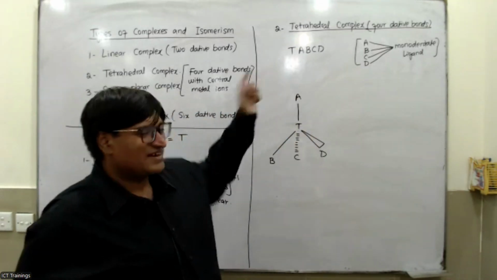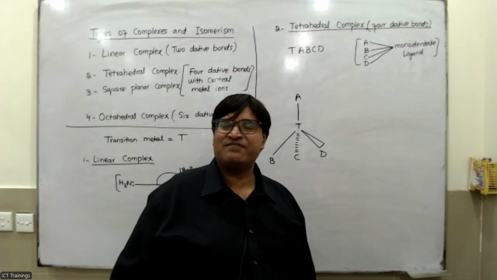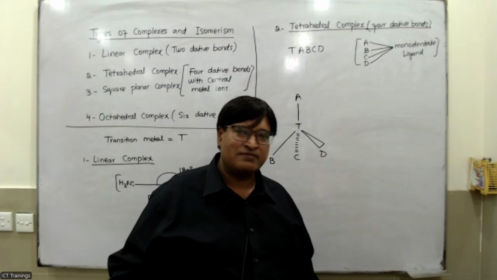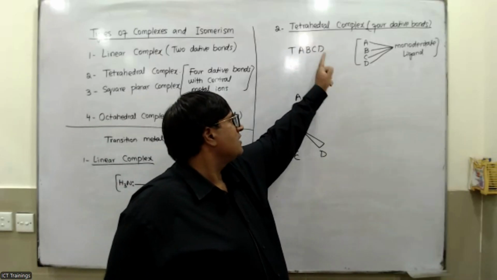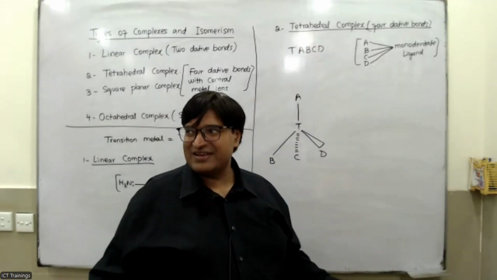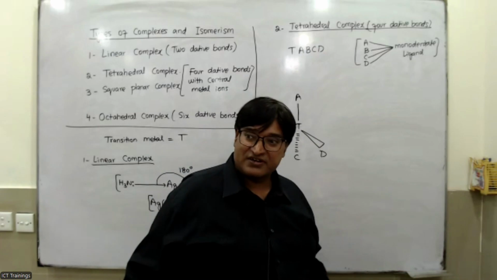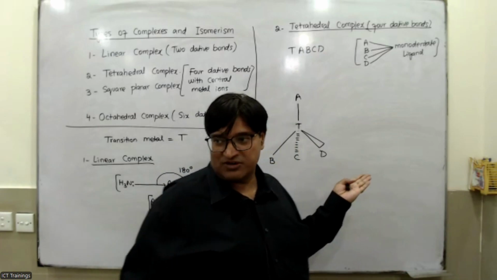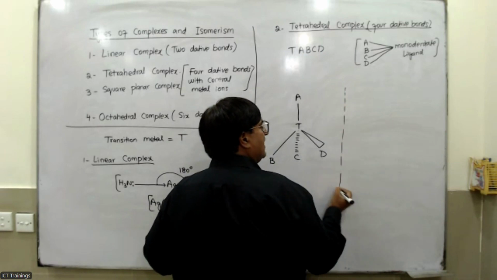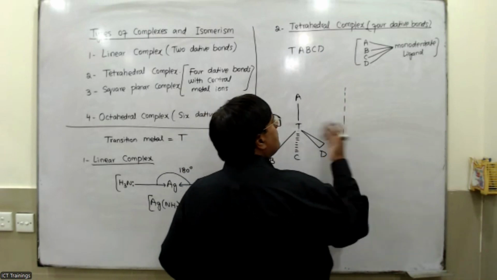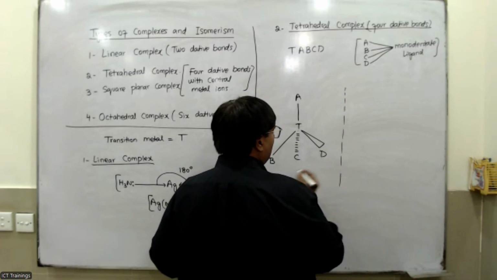So these tetrahedral complexes can show isomerism when all 4 are monodentate ligands and they are all different. And what type of isomerism do they exhibit? You know that this one would show optical isomerism.